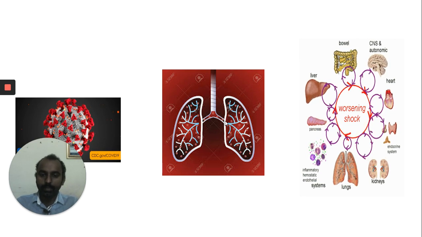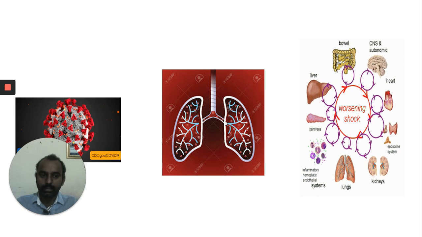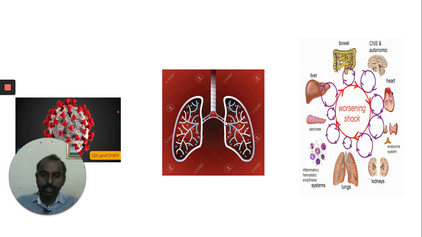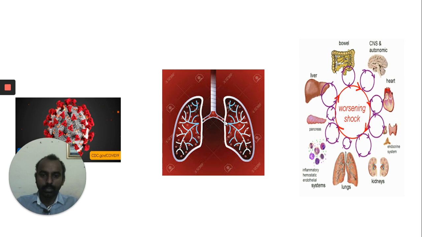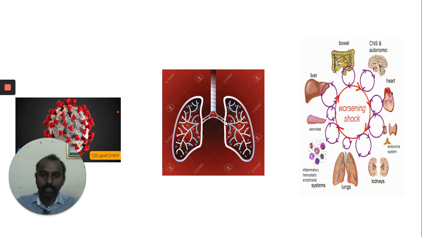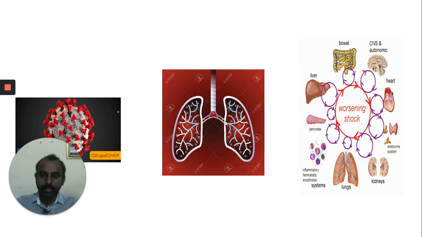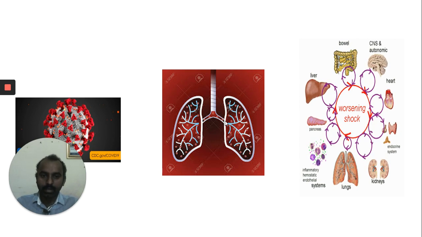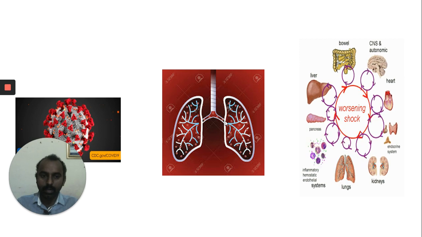This is the primary substrate for the virus. Once it attacks, it ruptures the secondary pneumocytes, thereby causing shrinkage of the pneumocytes as well as the lungs, whereby through the systemic circulation it spreads all over the body.